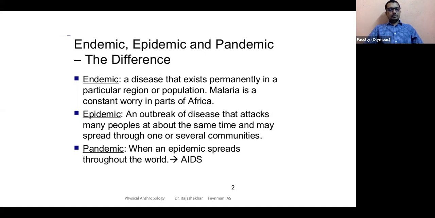So do you see the difference now? Endemic, epidemic, and pandemic usually refer to infectious diseases. Rarely, in a literary sense, the words pandemic and epidemic are used otherwise, but normally they describe infectious agents and the spread of infectious diseases. So: endemic, epidemic, pandemic.